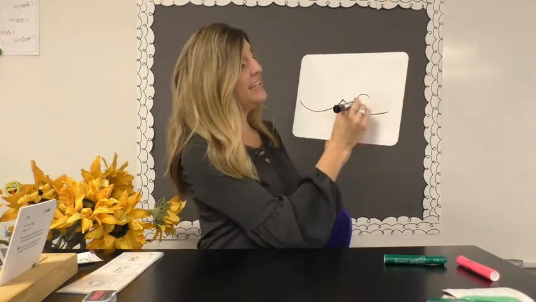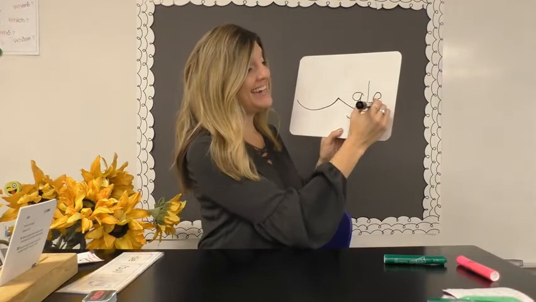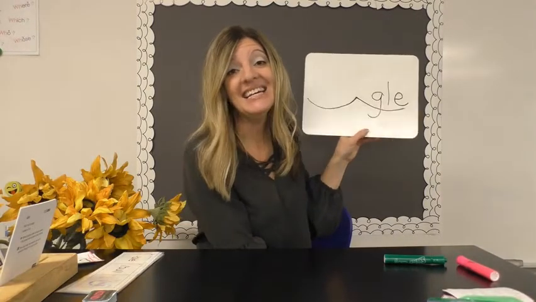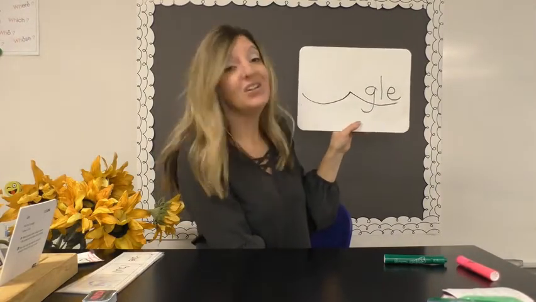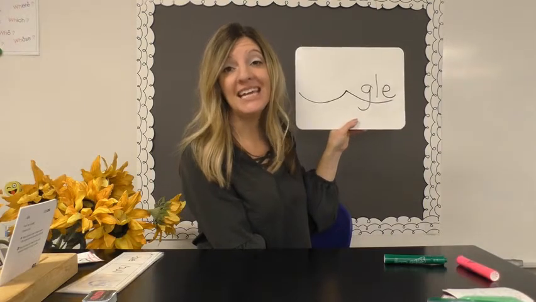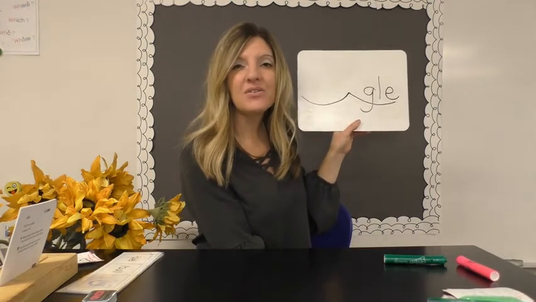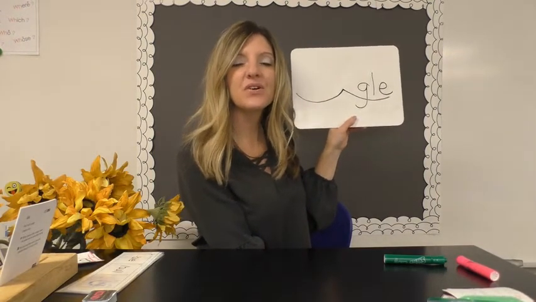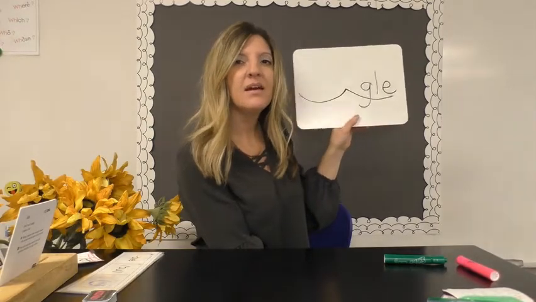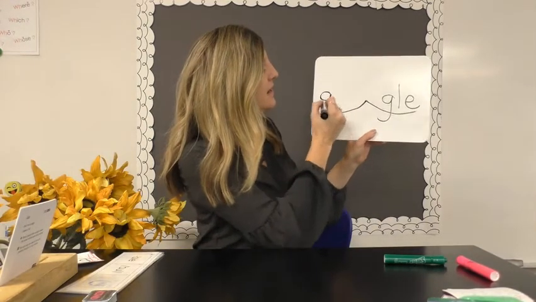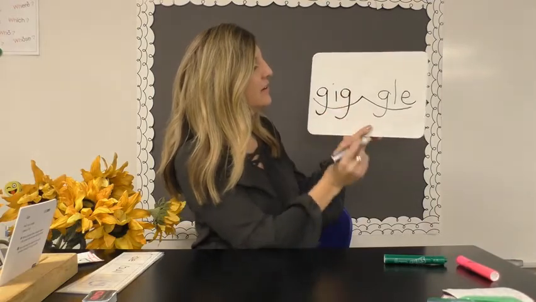Okay, let's look at the word giggle. My first step, how many syllables? Giggle. And my GLE is one of my 9 consonant LE, so I know that gull is spelled GLE. Now I want to hear the sounds in the first syllable. Gig. G, I, G, giggle.